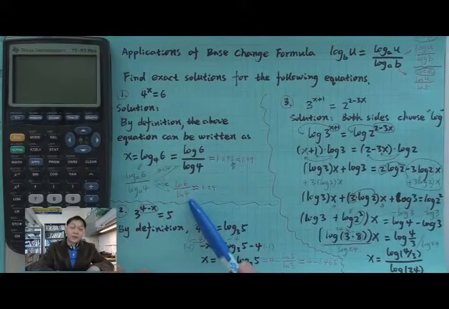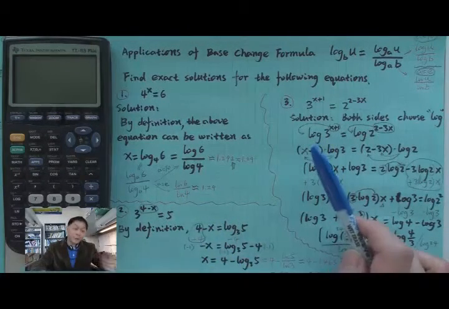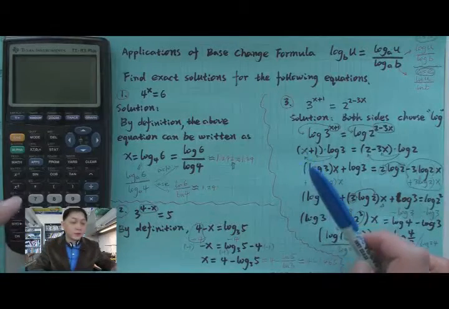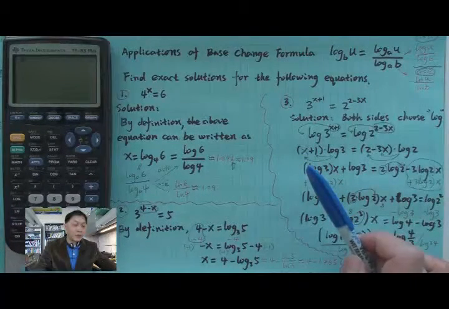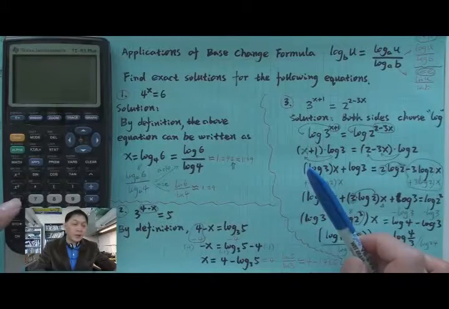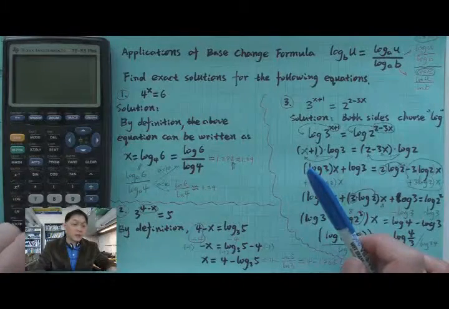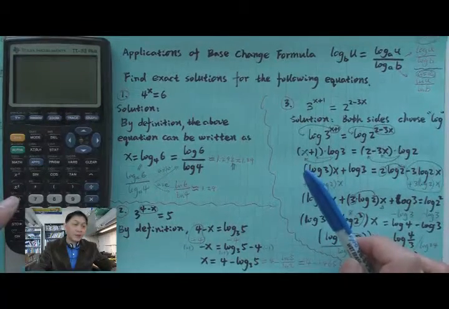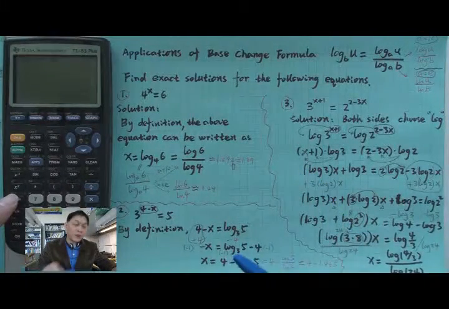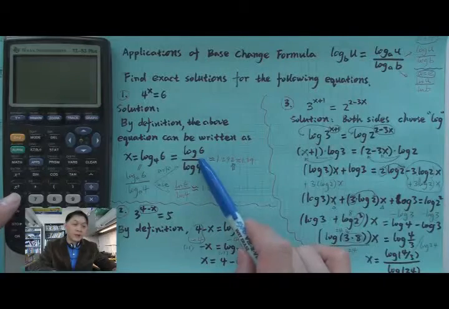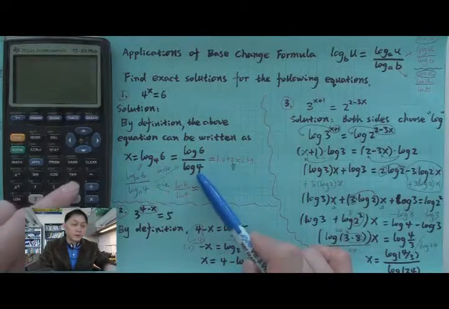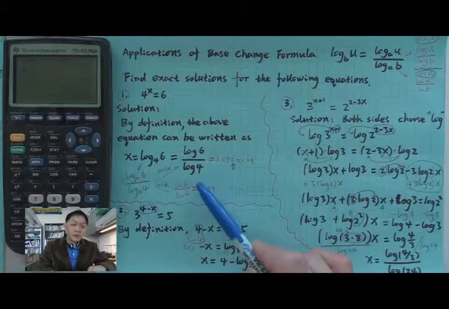Again, are those two the same? You can see. Turn on your calculator, and you may type natural log 6 divided by, here is not natural log, base 10, log 4.